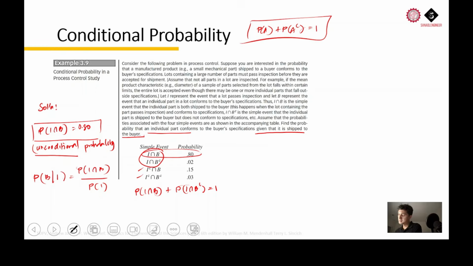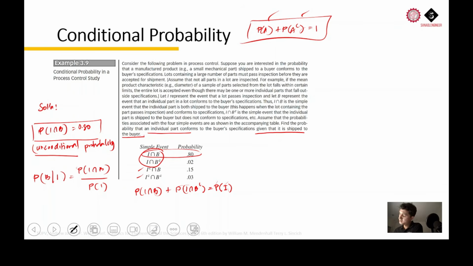But this is not quite correct; it has to be P of I, because it is union, not simple events or intersection. First let me illustrate why this is true.